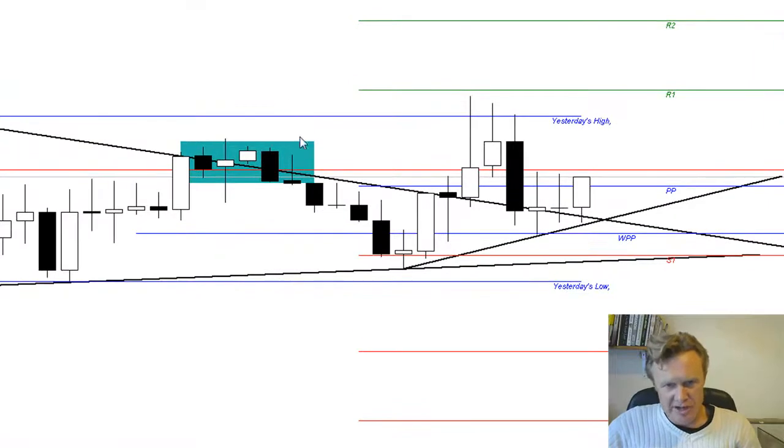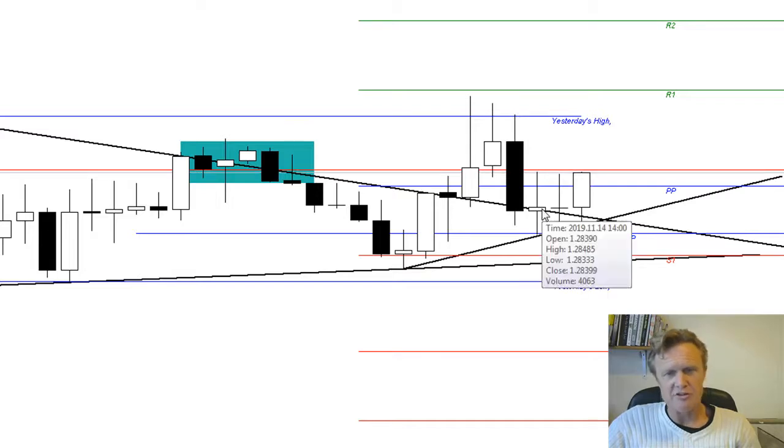So you can see here, after our anticipated short position, price came down, tested the lower channel defined by this trend line here, which we drew yesterday, and bounced off this trend line and the confluence of the S1 daily support level, came back, actually broke through the downtrend, went up to yesterday's high and got rejected, came back down and retested the old trend line, which was a resistance line, which now acted as support.